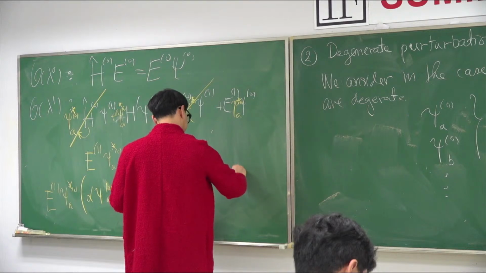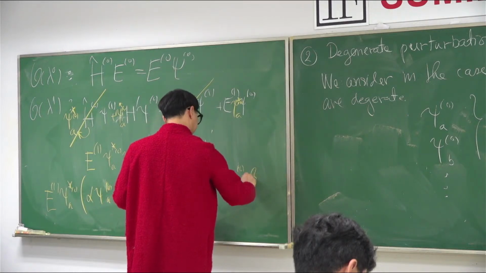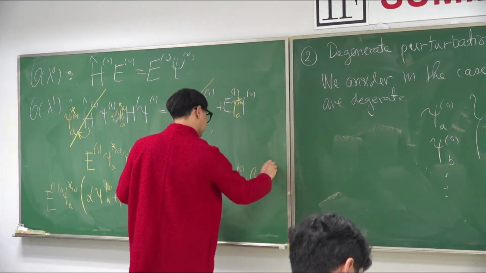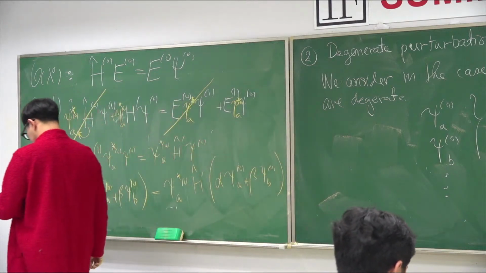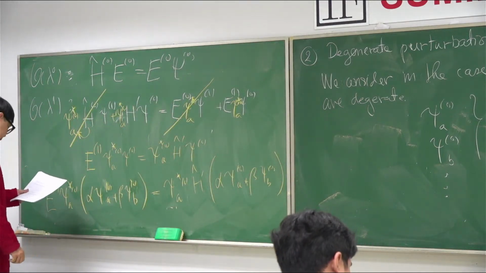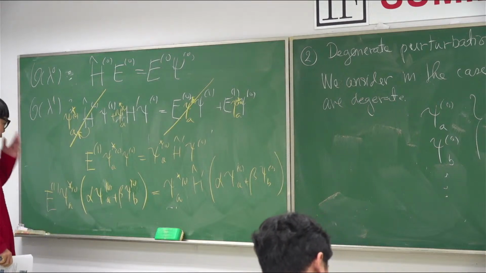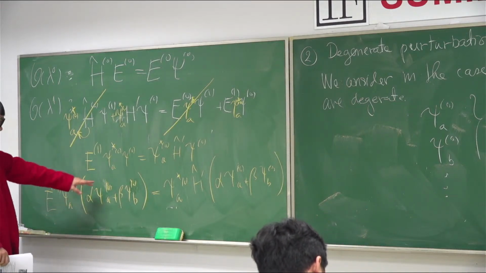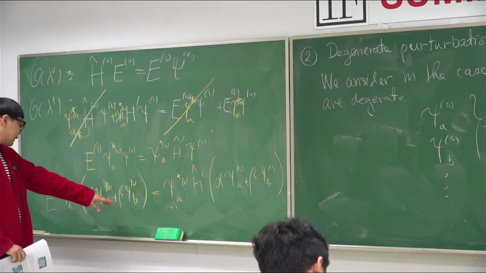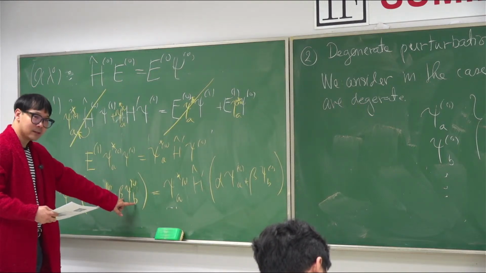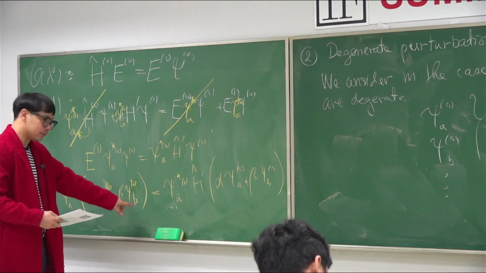Alpha, beta. Okay. And once you move this whole thing inside the bracket, you will see that the second term will go away because of the orthogonality condition, right?